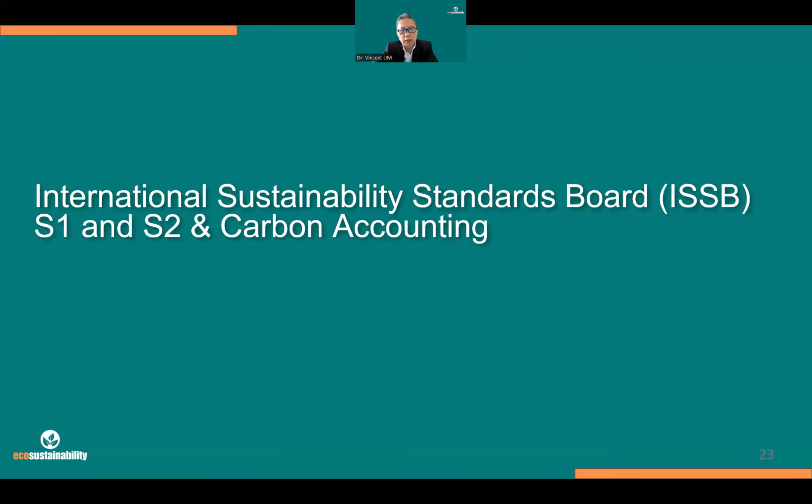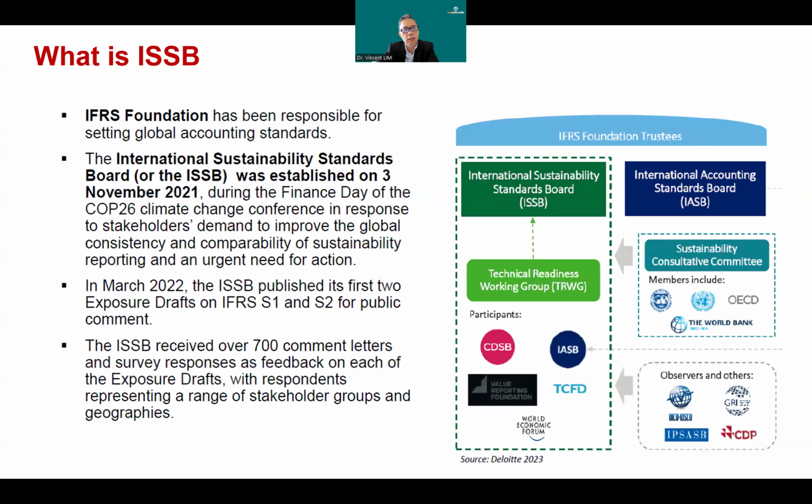So exactly what is ISSB, S1 and S2? Basically, ISSB came from the IFRS, International Financial Reporting Standards Foundation, and they created the ISSB in COP26. It basically combined many of the current sustainability standards into one, and they chose the easier to analyze, easier to calculate, easier to implement ones.